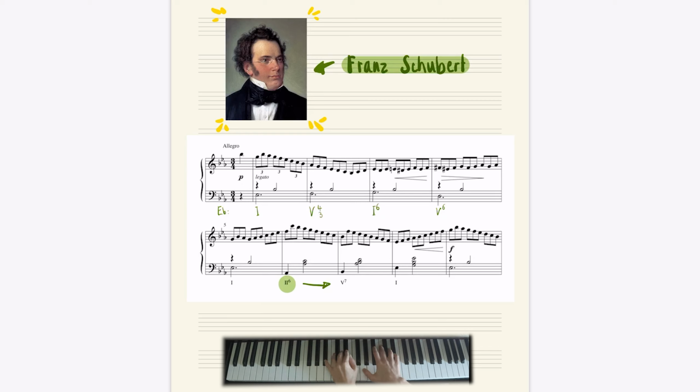So instead of 1, 5, 7, 1, he writes 1, 2, 6, chord 2 in first inversion, and only then the dominant in 5, 7, and 1. So let me play again for you measures 5, 6, 7, and 8.